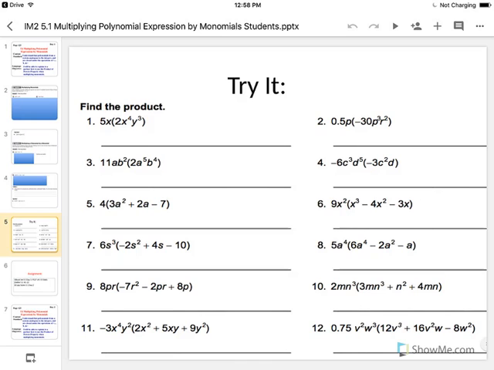Okay, so here's a Try It. I need you guys to try this out. As you work this out, try to read the expression. For example, for number 1, you would read it as a monomial times a monomial. Okay, and for number 2, the same thing: a monomial times a monomial.